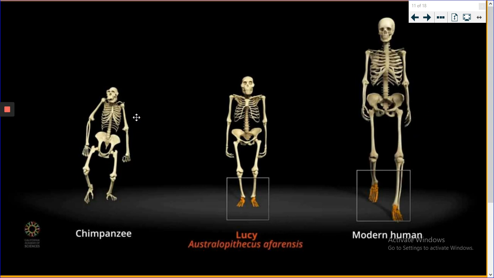So how the skeletons have changed through the ages. They have found some similarity between the modern humans, early humans, and chimpanzee. Only for that, the scientists have discovered, or they think, that humans evolved from the chimpanzee, because some similarities are found, isn't it?